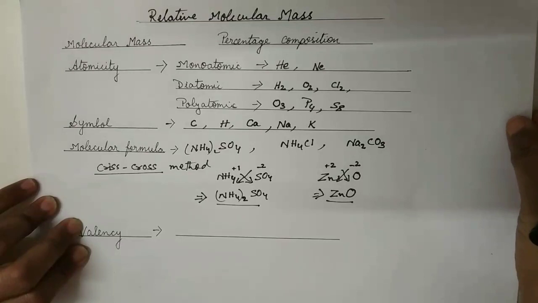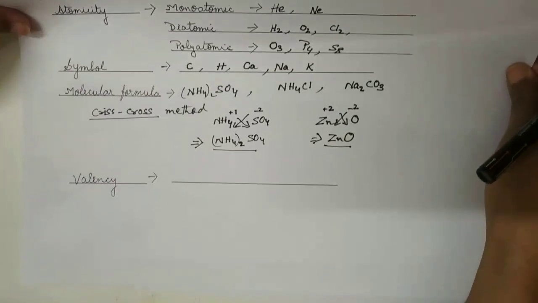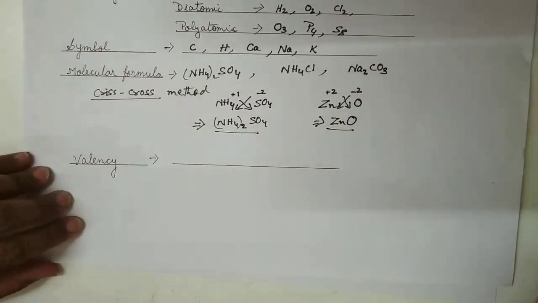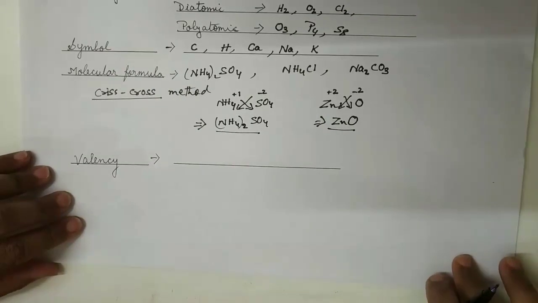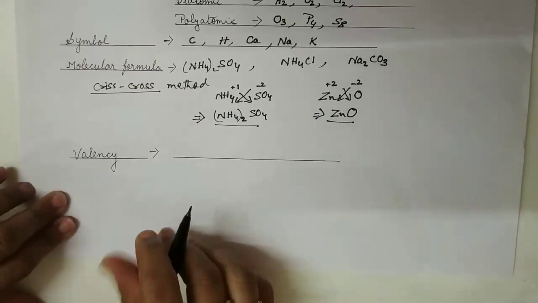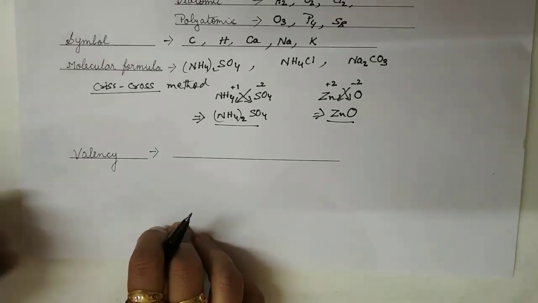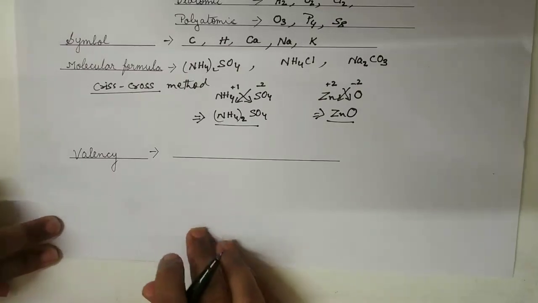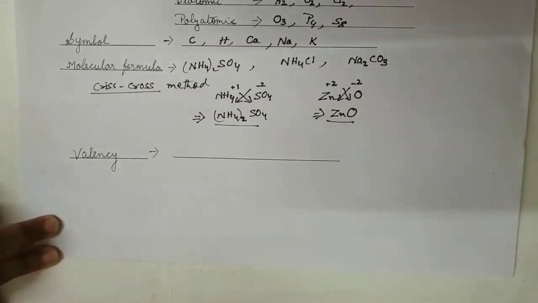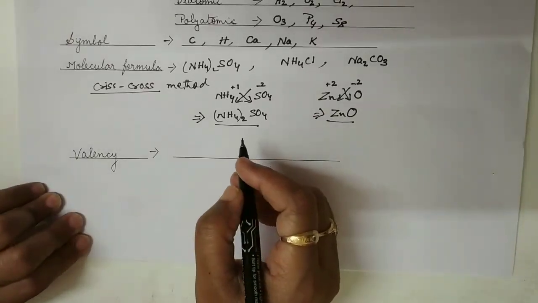You have to take many more compounds and you are going to practice them. Valencies are already learnt, but I will discuss a little about it. What is valency? You have learnt all the names of the cations, the anions, their formulas, their valencies, and you have already practiced the molecular formula.